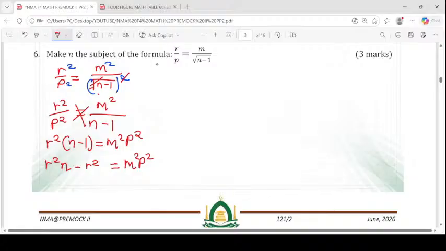After reaching this particular step, the next thing we do, the R squared can move to the right hand side, where now we can have R squared n is equivalent to M squared P squared plus R squared.